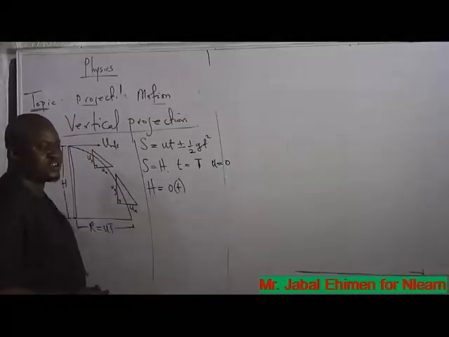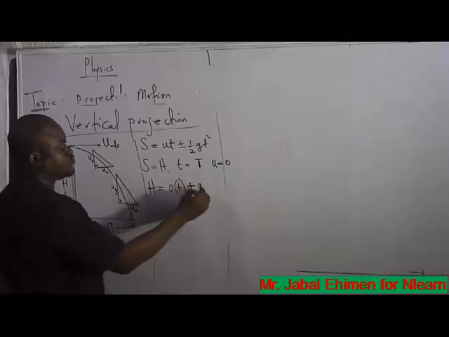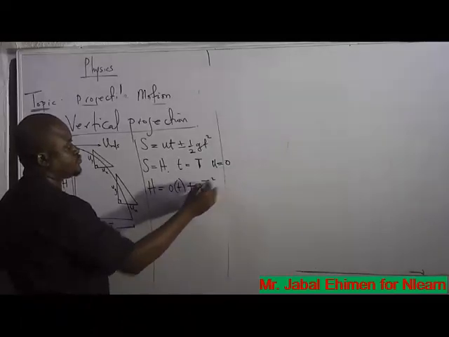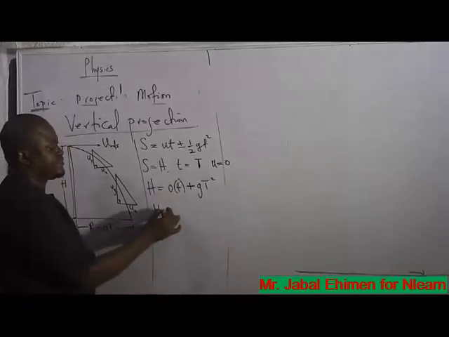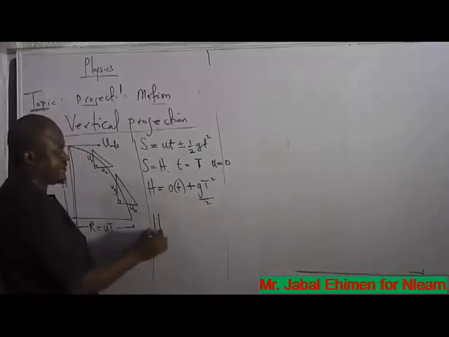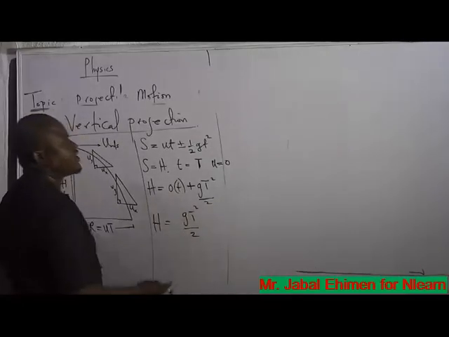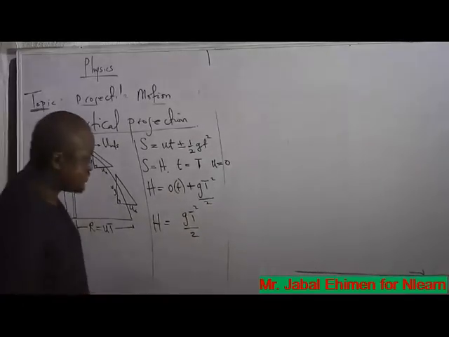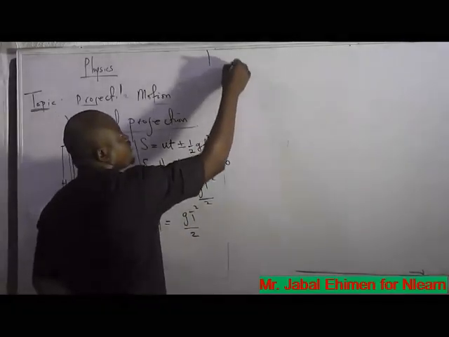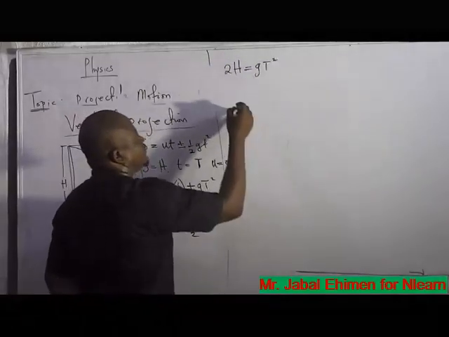It's under gravity, so it's going to become plus half g t squared. So I will have height is equal to g t squared over 2. If I cross multiply, I will have 2h is equal to g t squared.